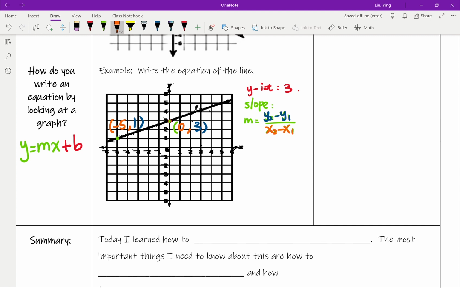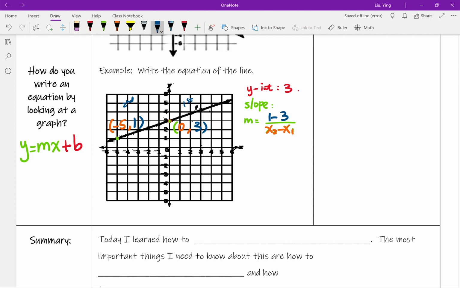So to plug in the numbers, let's call this one our second point, and the other one our first point. So y2 is going to be 1, and then we're going to subtract y1, which is 3.